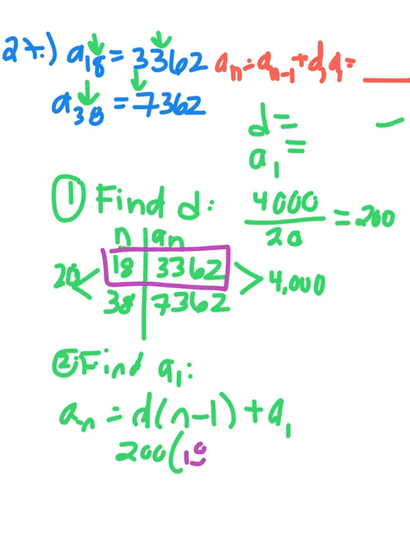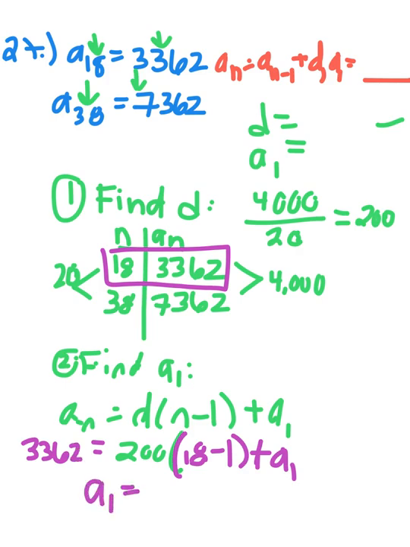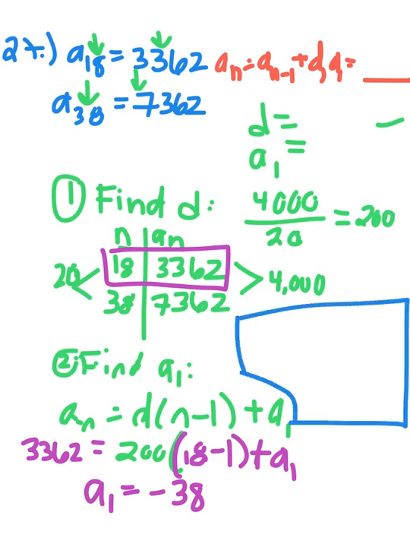So n is 18, and a sub n is 3,362. So if I solve that all out, I get that a sub 1 is negative 38. So my explicit rule, or my recursive rule rather, is going to be a sub n equals a sub n minus 1 plus d, which is 200, comma, a sub 1 we just found is negative 38.